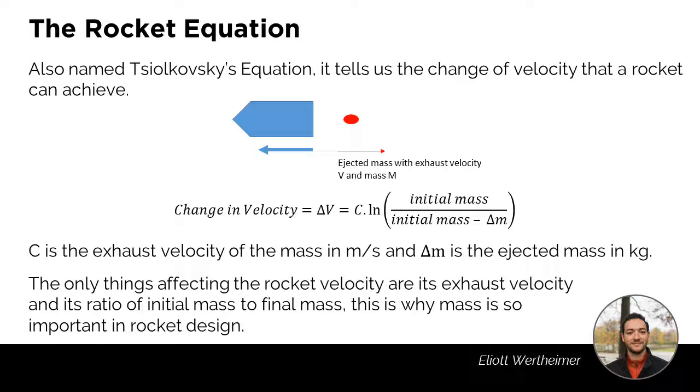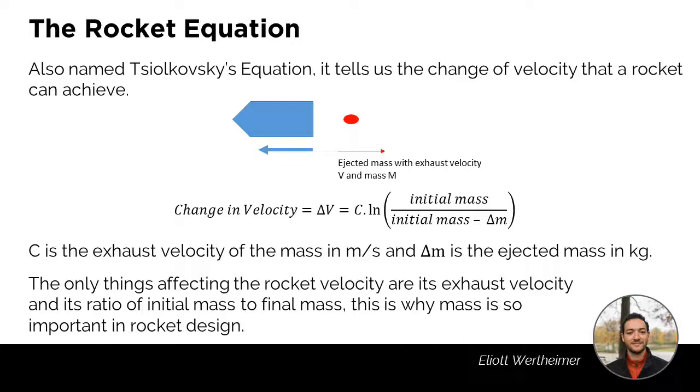So the equation is written: the change of velocity delta v is equal to the exhaust velocity c times the Neperian logarithm of the initial mass of the rocket over the initial mass of the rocket minus the mass of fuel ejected, written delta m.